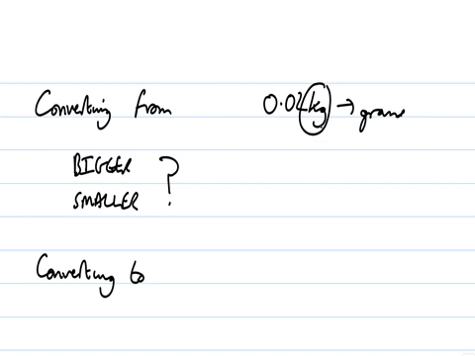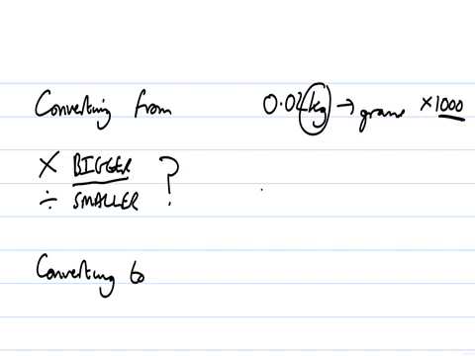Well, they're bigger. And if they're bigger, then that means that you multiply by 1000. If it had been smaller, you divide by 1000. So we know in this question that we must multiply by 1000. And remember, that's 3 decimal places to the right you would move it, as there's 3 zeros there. That's a quick tip for how to remember how many places to move.